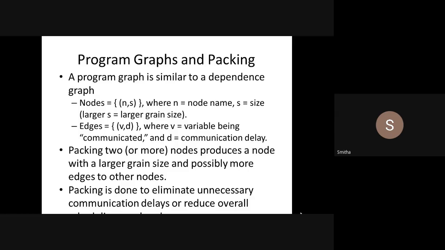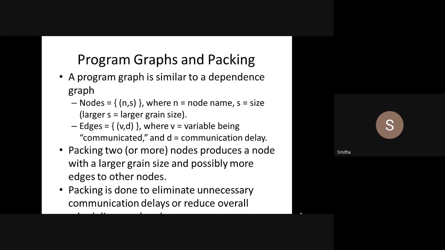Then the edges in a program graph. Whatever we have discussed so far is about nodes. Edges will also have two values within parentheses. The first is the variable being communicated, through which variable we are communicating. When we want to communicate with each other, we want to get the value of some particular variable. If we want to communicate with memory, we fetch some data from memory and put it in a variable.